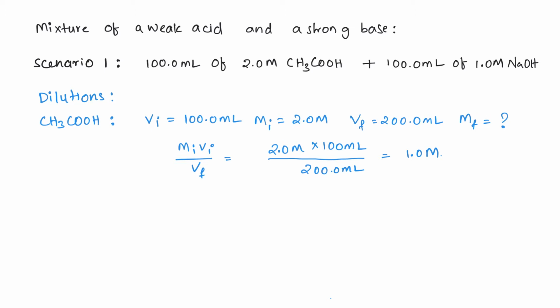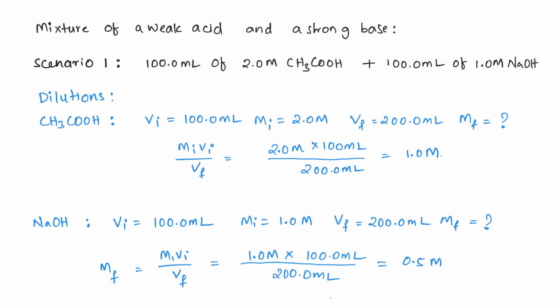The final concentration is equal to initial concentration times initial volume divided by final volume. That is 2 molar times 100 ml divided by 200 ml. If we do the math, we get the final concentration of acetic acid is equal to 1.0 molar.